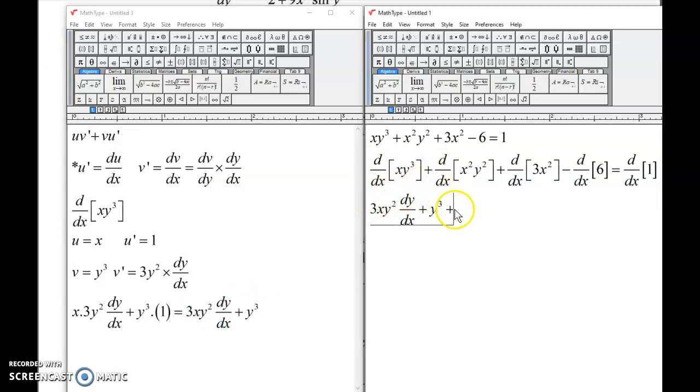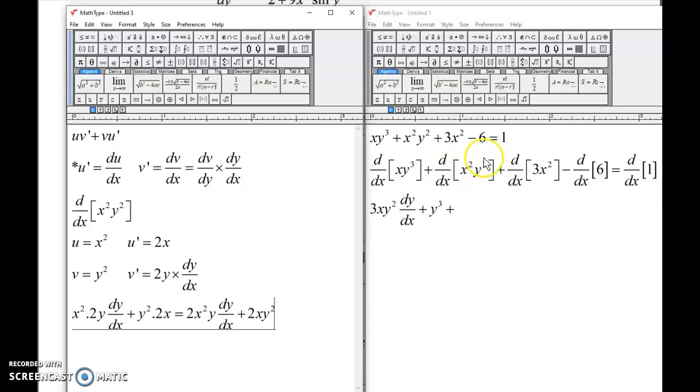So plus the second derivative, let's do this one. As you can see, there is still a product rule, so this will apply. And we are going to use the same idea as we did before. So we have u = x squared, v = y squared, and u prime, which is du over dx, is 2x. As for v prime, we don't have dv over dx, so we are going to apply a bit of chain rule.